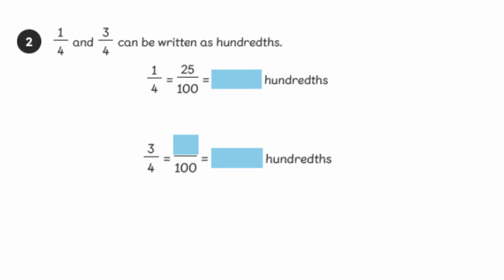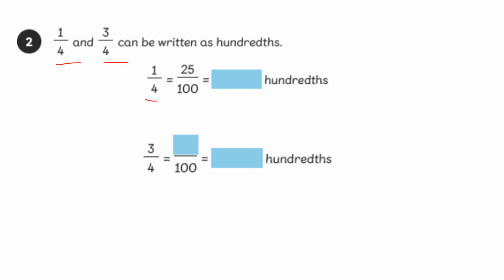Question 2 of guided practice is also reminiscent of what we did in our in focus task with the different cards. So question 2 is saying 1/4 and 3/4 can be written as hundredths. Let's see if we can work it out. So we had originally used two methods for this. You might have recalled the 100 squares that had been coloured in the dark green. So let's think about 1/4 of it.